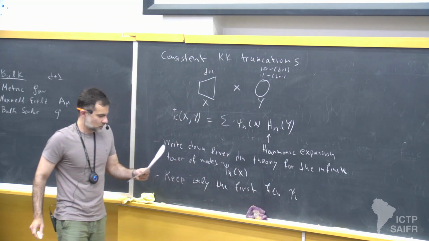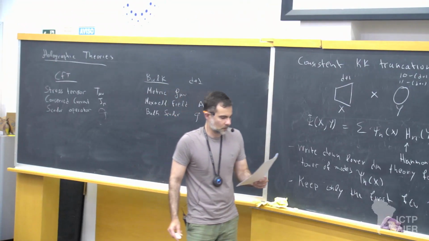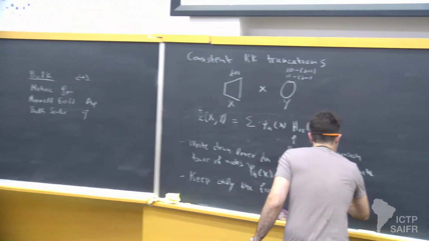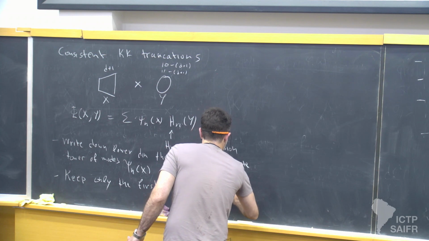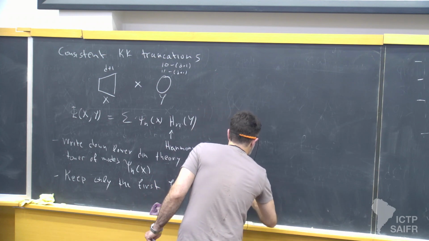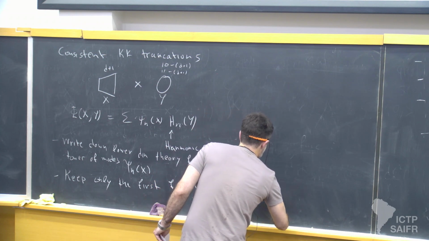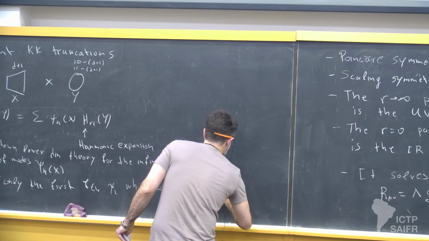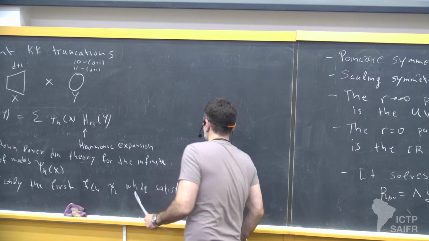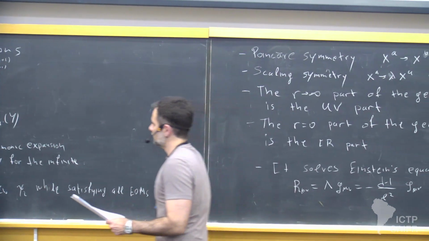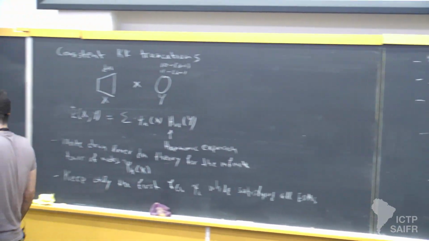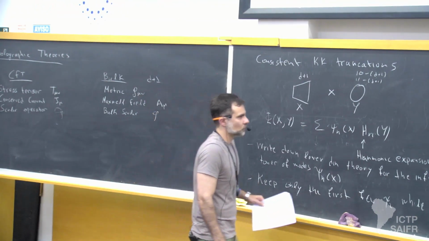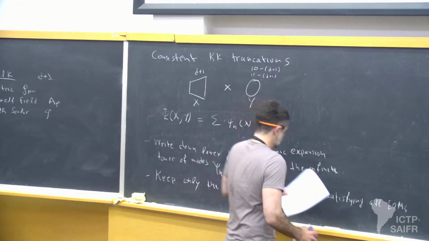And you understand that this is quite non-trivial, because you would still have to satisfy all the equations of motion while doing so. And this is what you would call a consistent truncation.